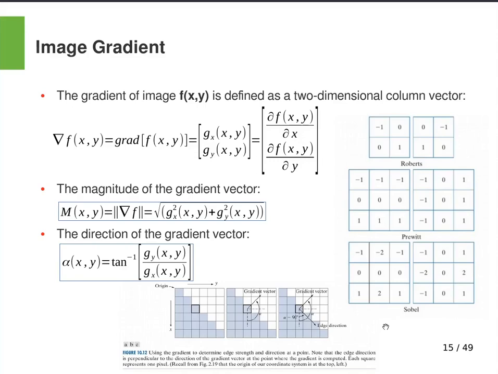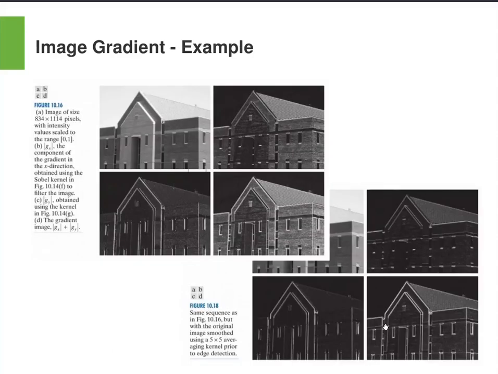But if you want to have more information, especially on the direction of the edges, usually first order derivative and of course image gradient are more preferred. So let's just take a look at more examples. On top left here we have an original image.